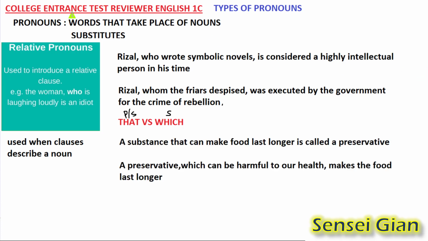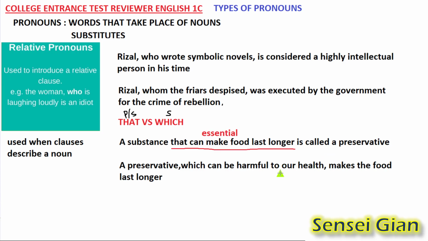One key difference is this: a substance that can make food last longer is called a preservative. Here, the clause that can make food last longer is essential. You can't delete it, because it won't make sense: a substance is called a preservative.